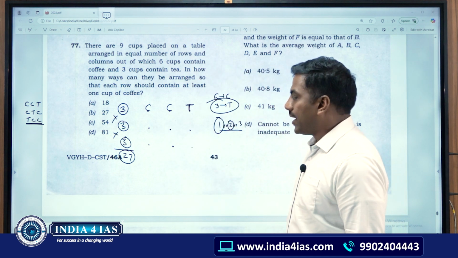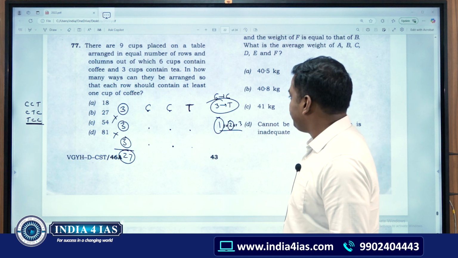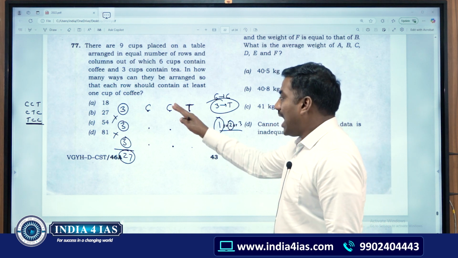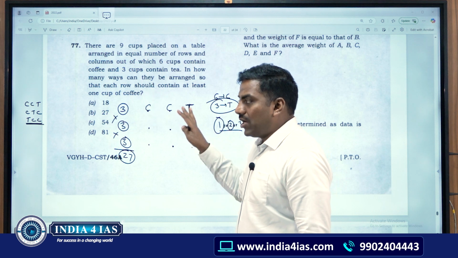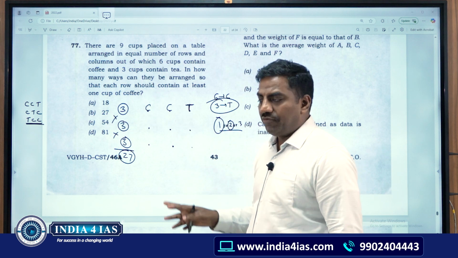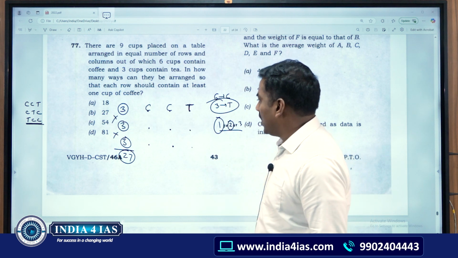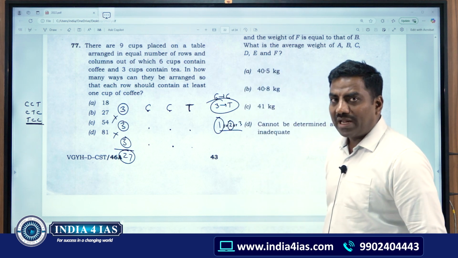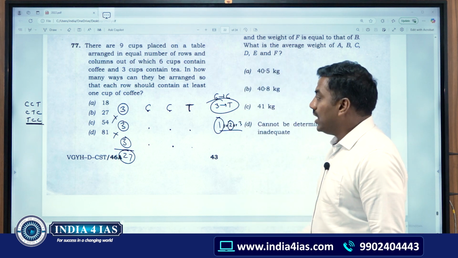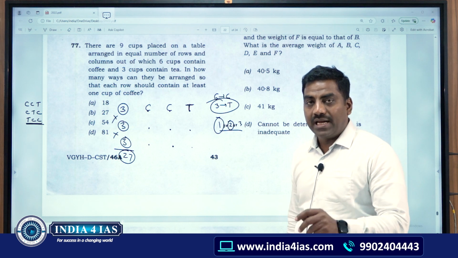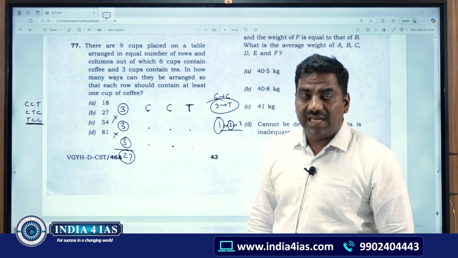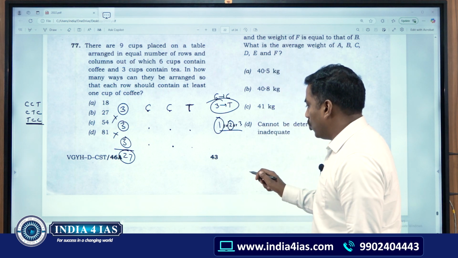Now, I had taken an equal number here, either 1 or 2. 1 coffee in each row is not enough, so we have to take 2 coffees if we want uniformity. But there are 3 cups of tea. So what else can I do?